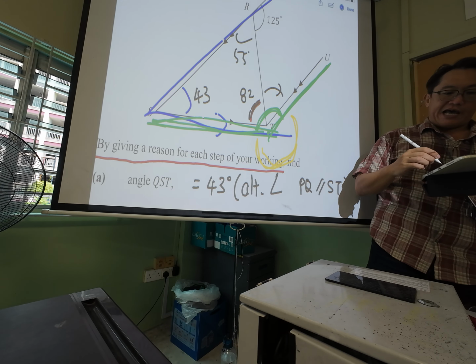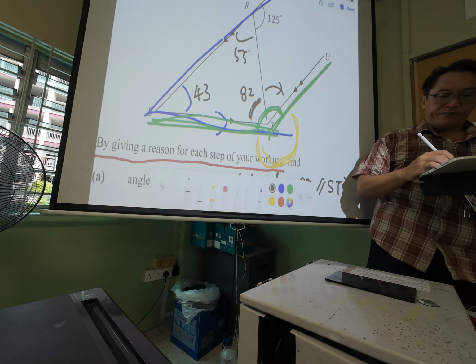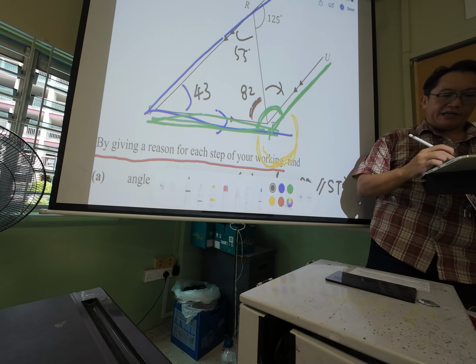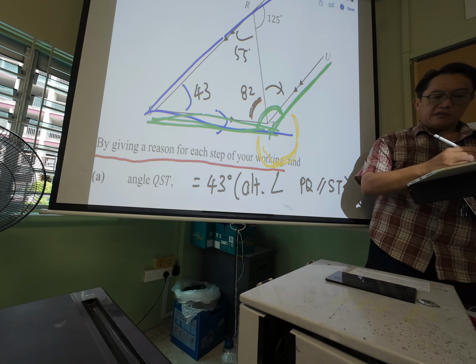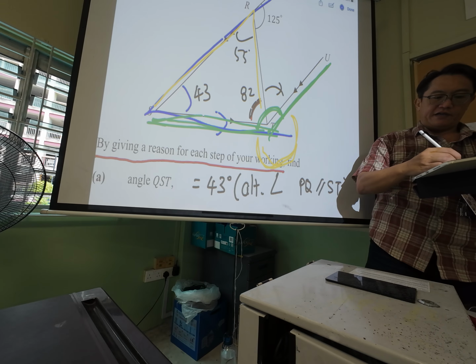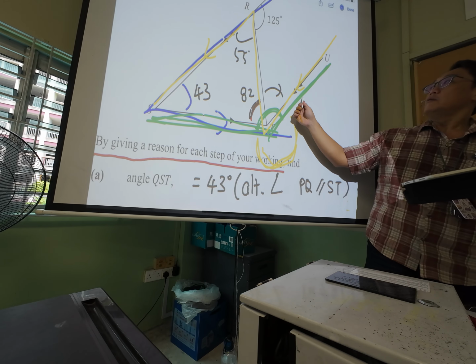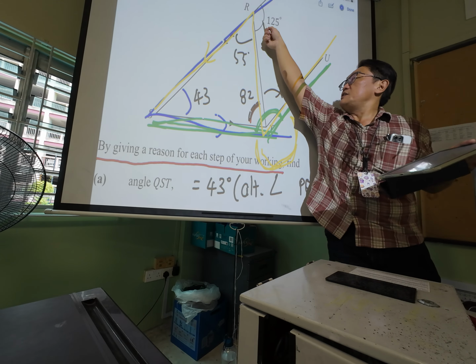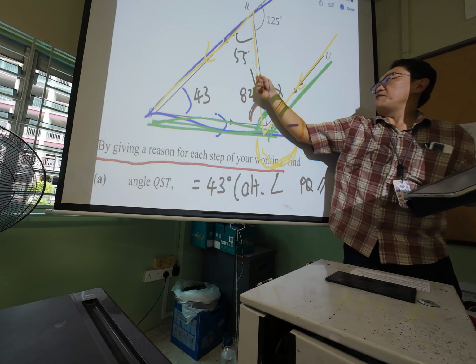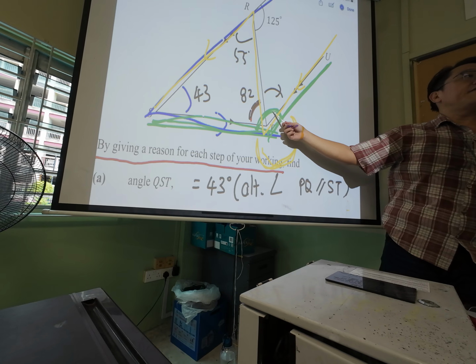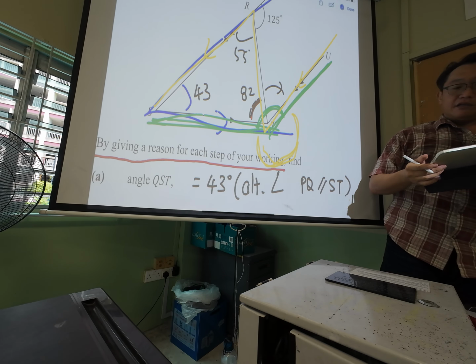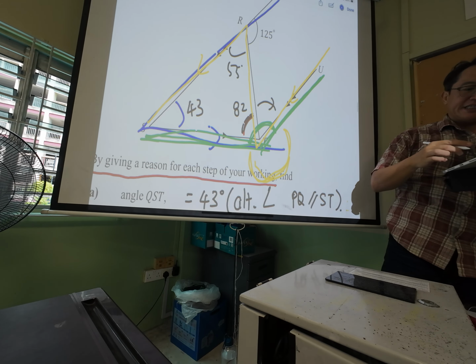So do I know this angle? Again, there are two ways I can find this angle. One way is by using the Z over here, because the head and the tail are parallel. So this is a Z. This one is 55. This one is 55. Okay? There is another reason also.